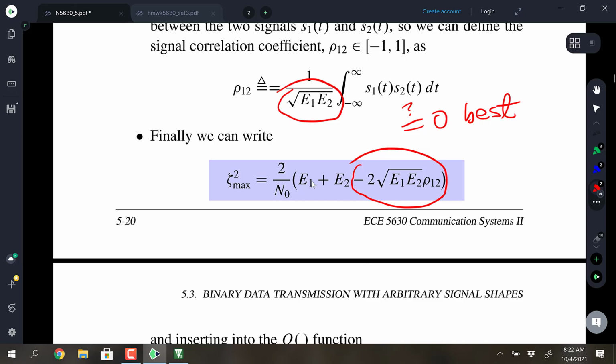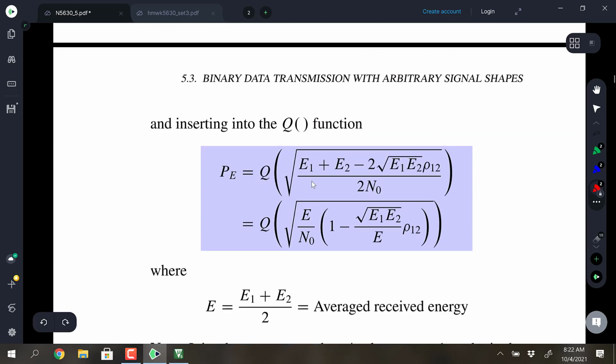We should be able to do better if we don't make them orthogonal, because if we can make them be negatively correlated, then we'll have more distance between them. And that's exactly what binary antipodal does, it puts them plus and minus, so their distance is further, whereas orthogonal would be plus and 0. So it turns out there's a 3 dB performance penalty.